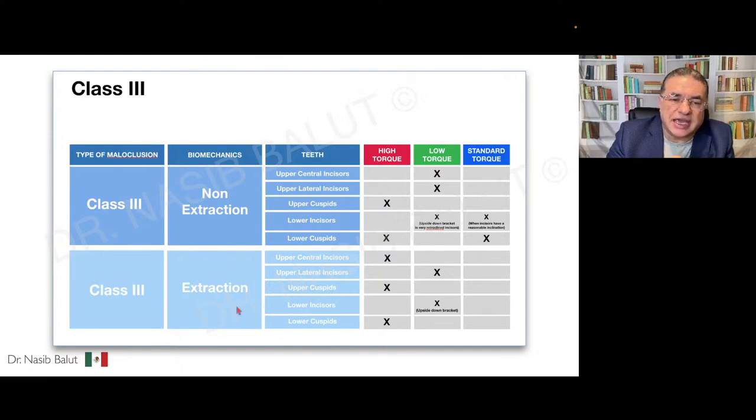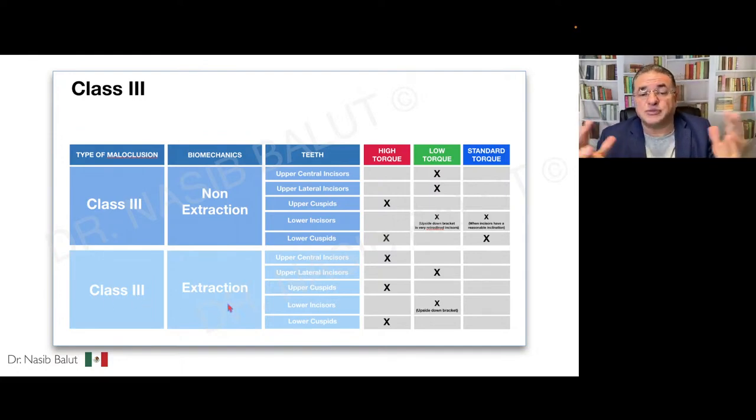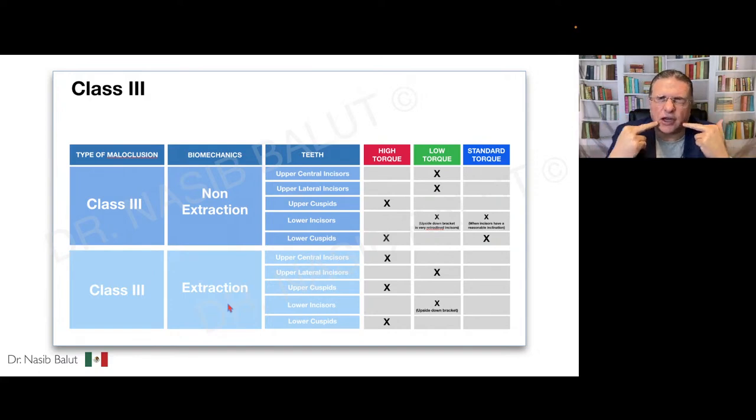In class 3 extraction cases, sometimes to camouflage the case, we extract upper second bicuspids and lower first bicuspids. Obviously, I do this extremely rarely, and I will do it just in non-growing patients.